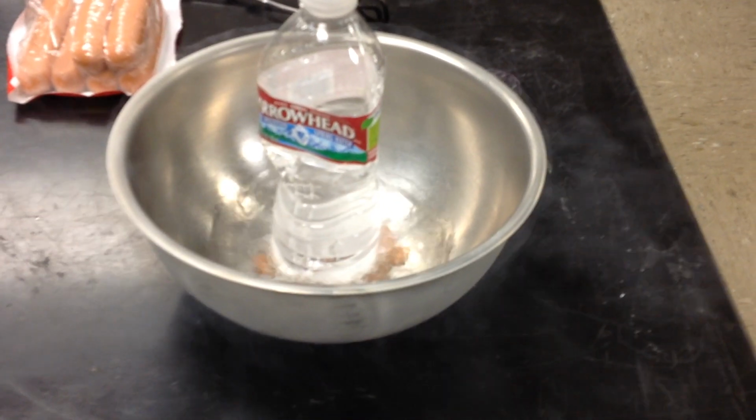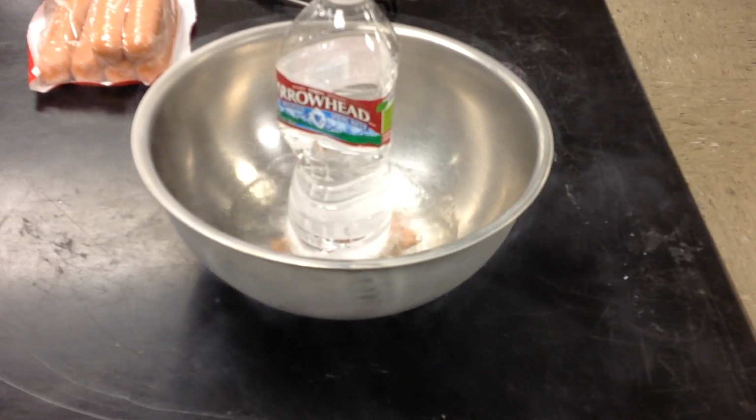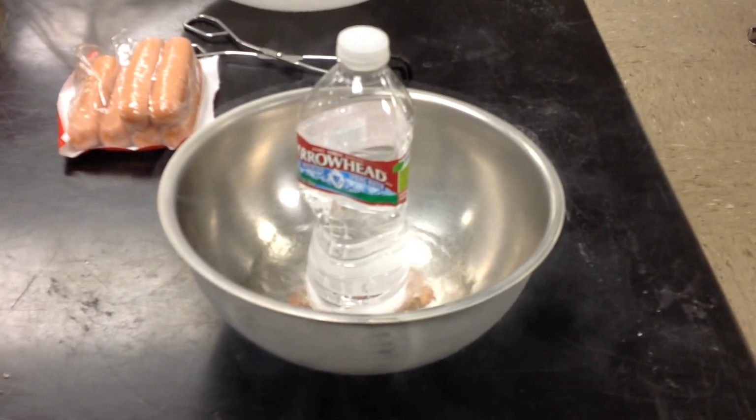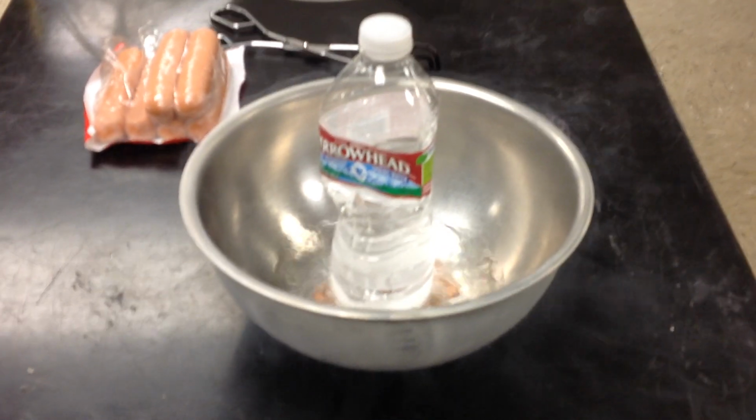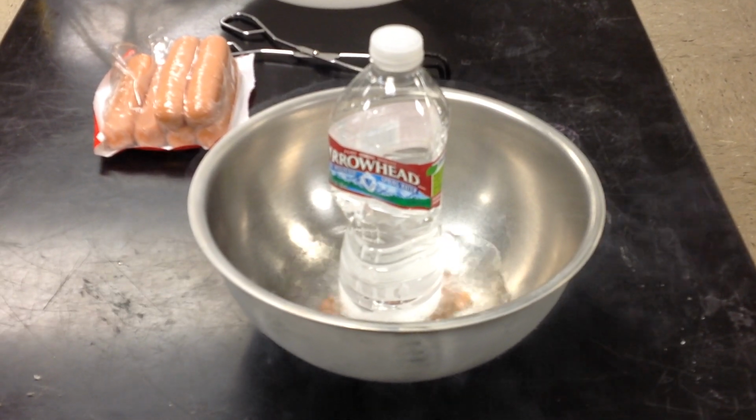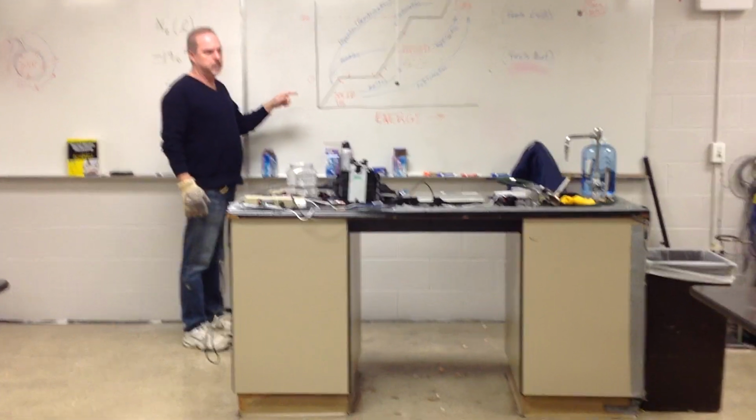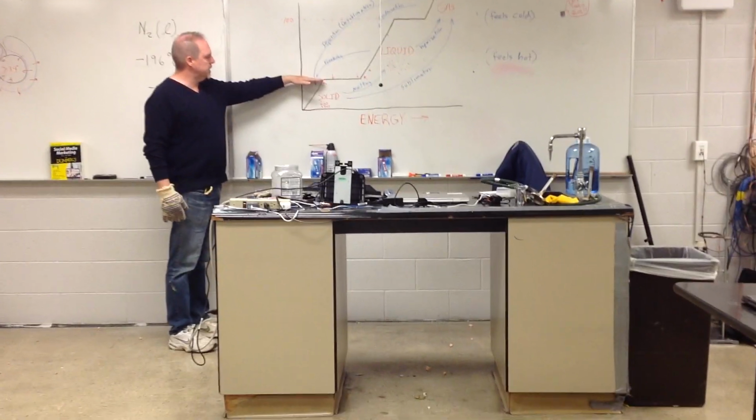Okay, now you hear it slowing down. The water that's underneath the level of the nitrogen is getting frozen. Now what you have here, for your freezer water, is just below zero.